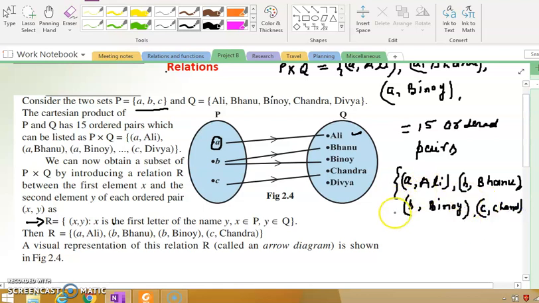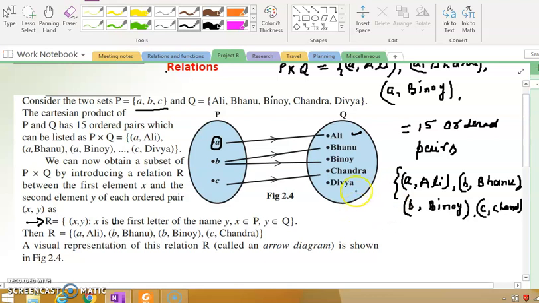So this relation gave you a condition, right? You have to take the names in such a way that they start with their letter. Ali is starting with A, Bhanu and Binoy are starting with B, and Chandra is starting with C. So these names are to be associated with these letters.